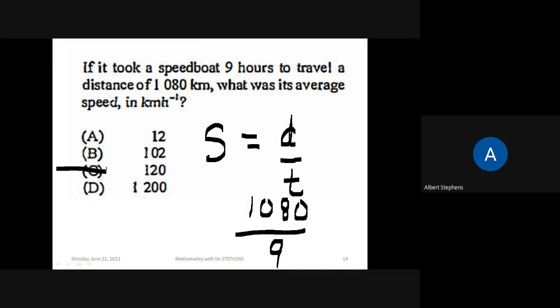Jody, what did you do? Divide it with the pencil. Long division? Yes. All right. So 9 into 10 goes 1 time, remainder 1. 9 into 18 goes 2. Bring up a 0. Right. Very good. That's what I would have done.